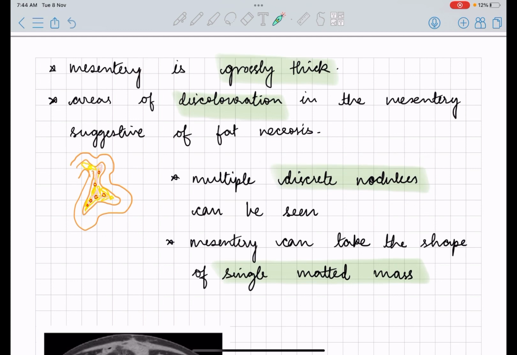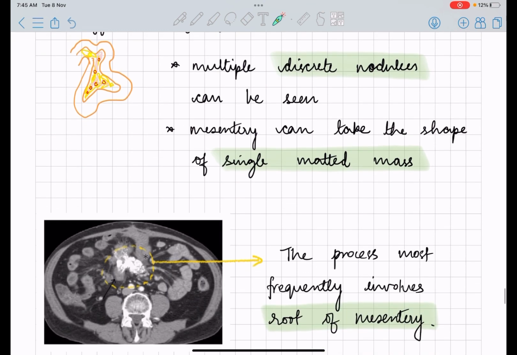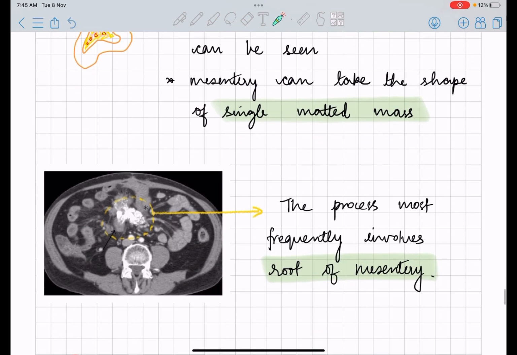Sometimes the sclerosing action of the inflammation is so extensive that the entire bowel and mesentery may form a single matted mass. So we need to understand that the entire mesentery is involved somehow, but the root of the mesentery is the main victim.